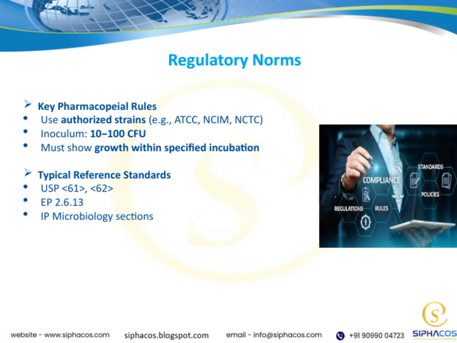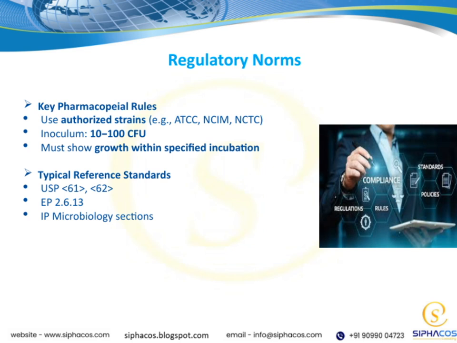Moving on to typical reference standards, there are several important guidelines to follow. The USP references, specifically 61 and 62, provide detailed methods for microbial limits testing. The European Pharmacopoeia, EP 2.6.13, also outlines standard procedures.